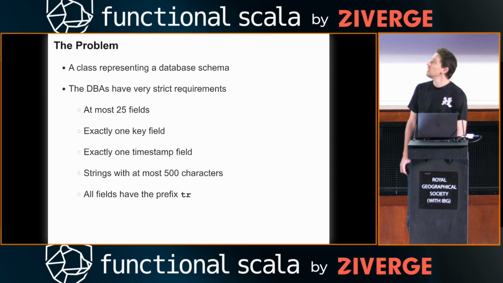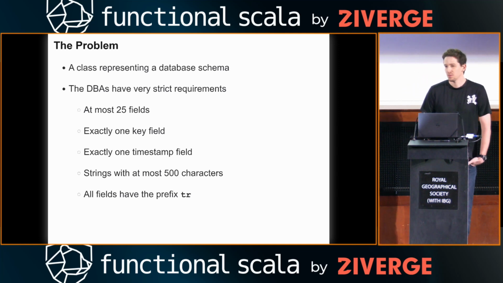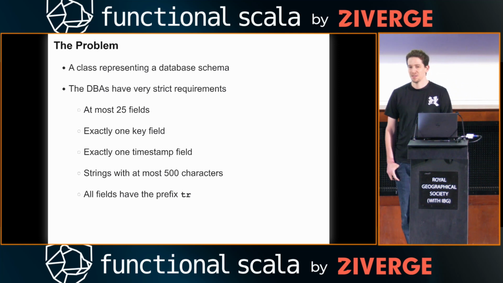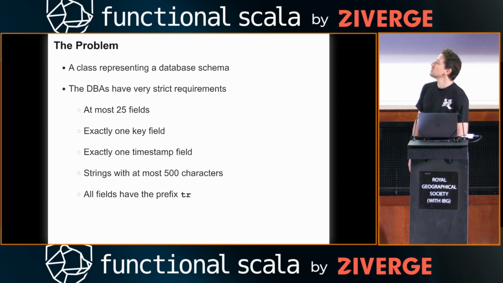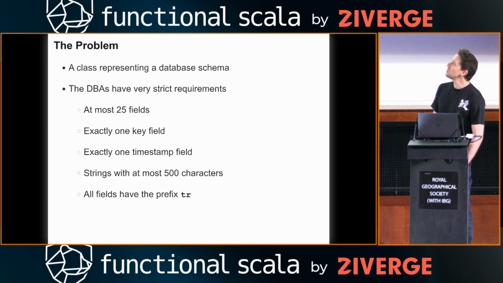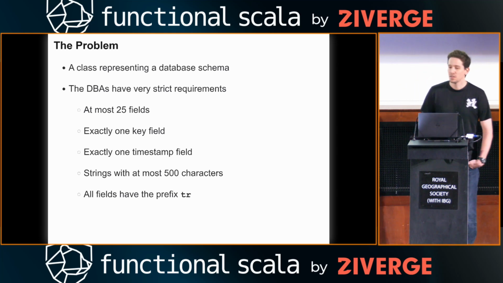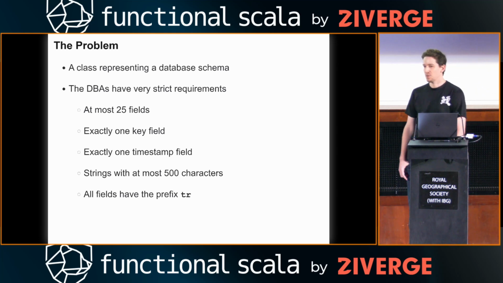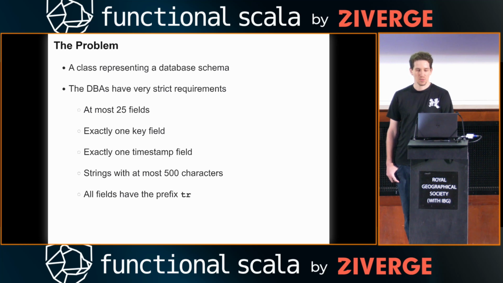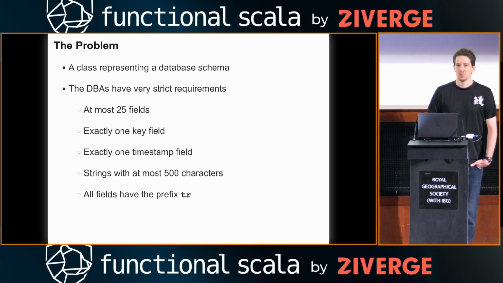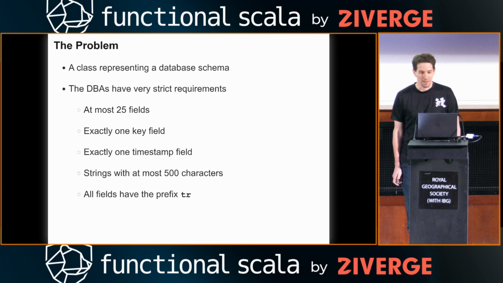Those may seem arbitrary, but you don't argue with DBAs, so that's the law. We can have at most 25 fields, exactly one key field, exactly one timestamp field. Strings cannot exceed 500 characters, and for some mysterious legacy reason that nobody can trace back, all fields must have the prefix TR. Why? No idea.